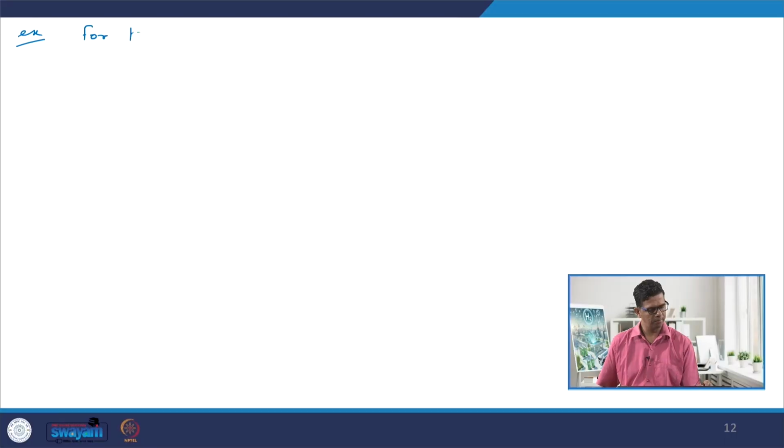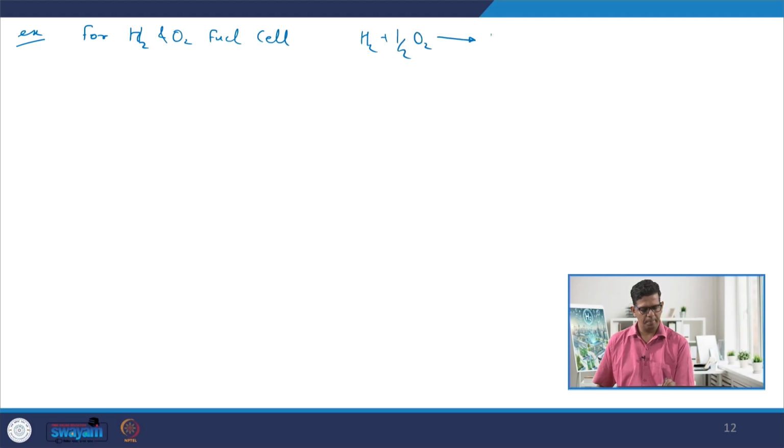So I am going to take the same numerical for a fuel cell. So for a hydrogen oxygen fuel cell, which involves this reaction, the conventional reaction, giving 1 mole of water.